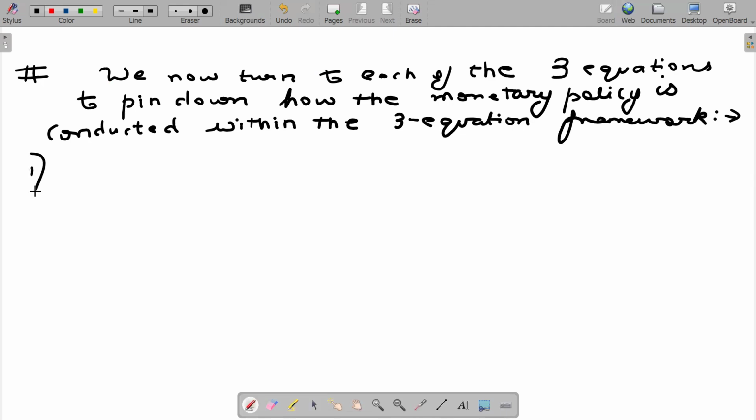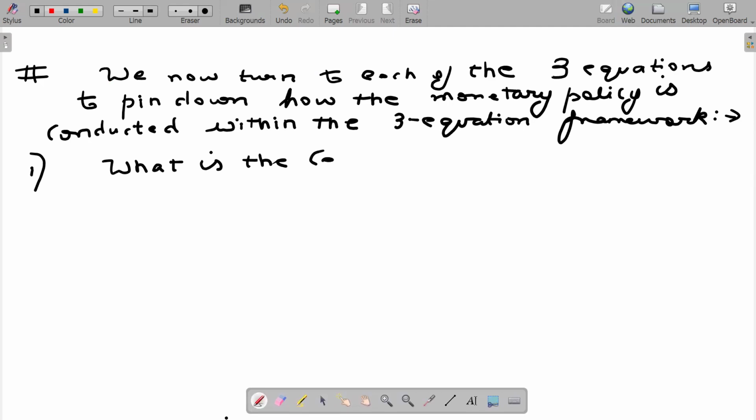The first one is, what is the central bank trying to achieve? What are the objectives?